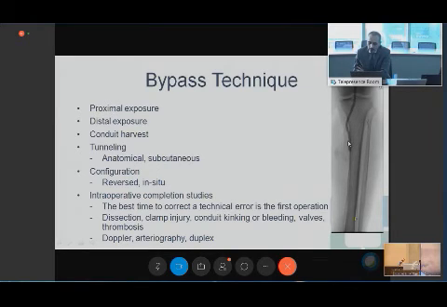This is the vein where it feeds a very small posterior tibial artery, which usually dilates afterward after it's revascularized. And the best time to pick up a technical error is the first operation. What we're looking for: dissection, clamp injury, conduit kinking or bleeding, or missed valves or thrombosis of the bypass or the target artery.